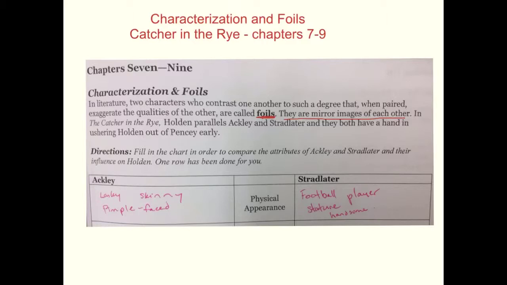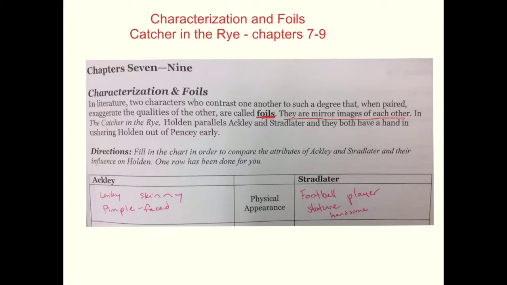In Catcher in the Rye, Holden parallels Ackley and Stradlater, and they both have a hand in ushering Holden out of Pencey early. This is the school that they're at, and they both are encouraging him to leave early in some way or another. So we'll talk about that.